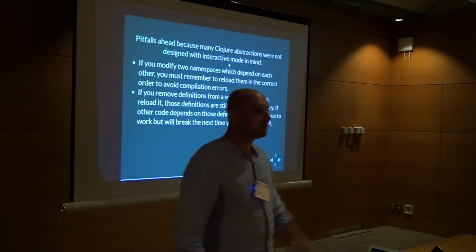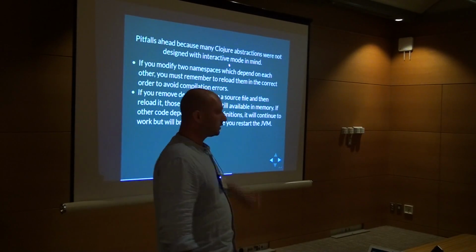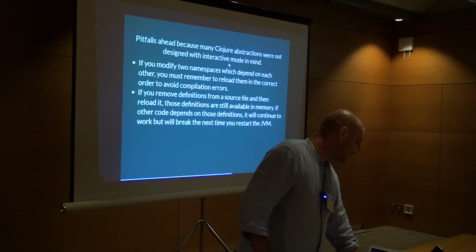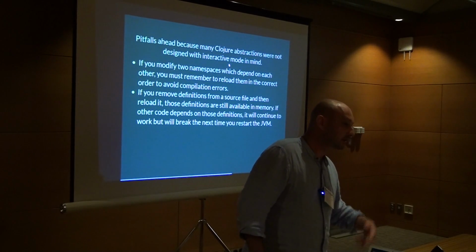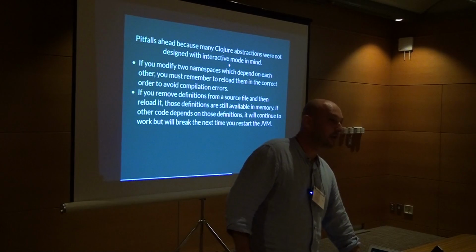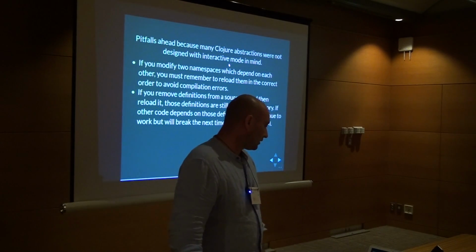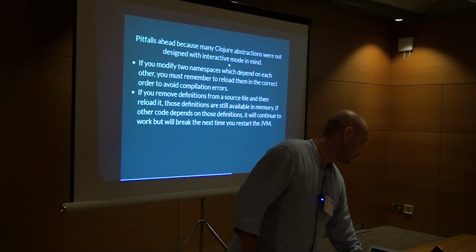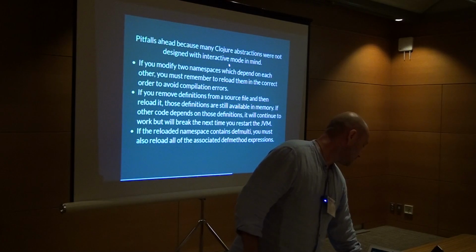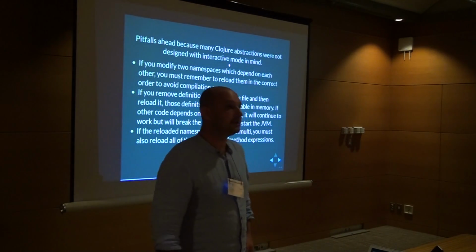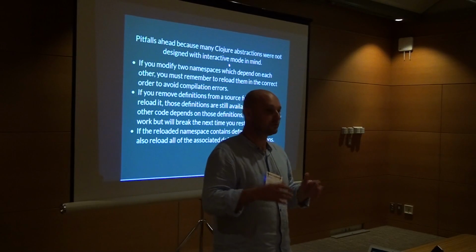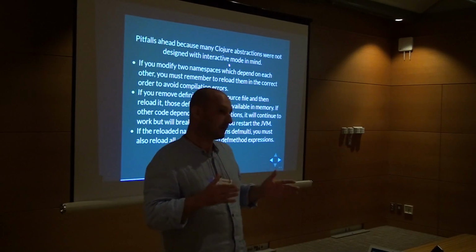This is a problem with all REPLs. If you change definitions in your source file, you can easily override functions, and you get a breakage the next time you restart the REPL. Defmulti is an abstraction in Clojure that also forces you to reload in several places.